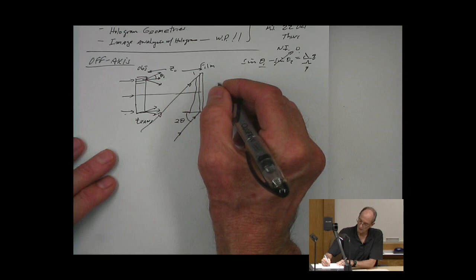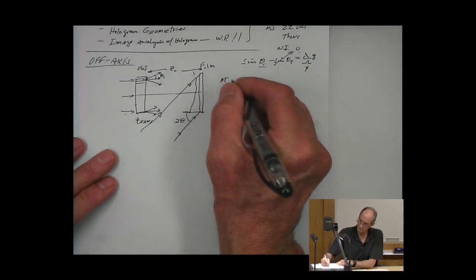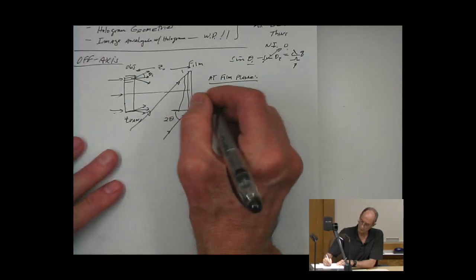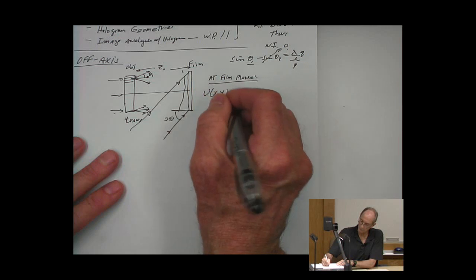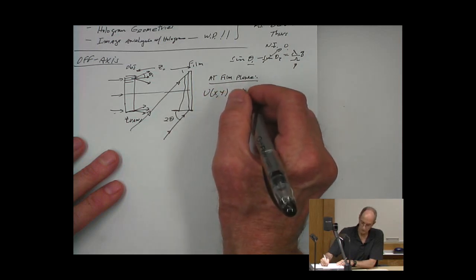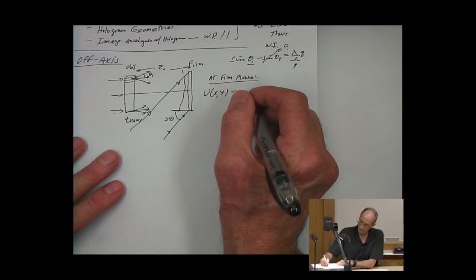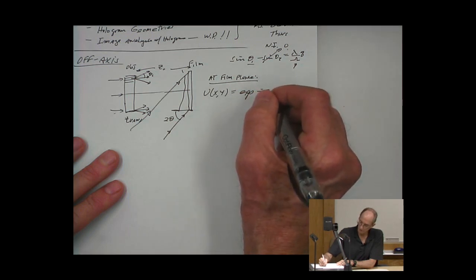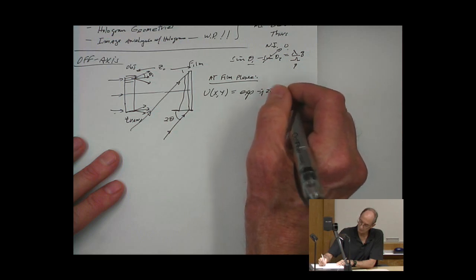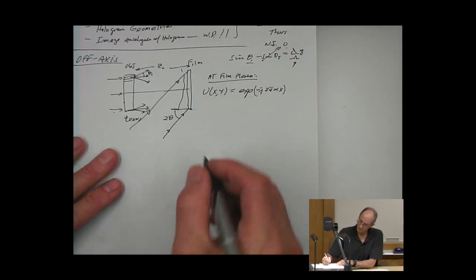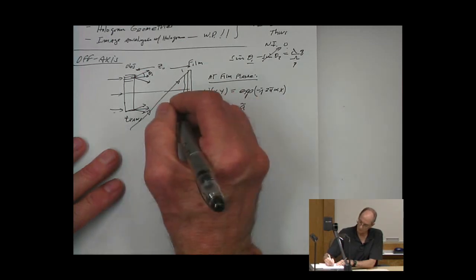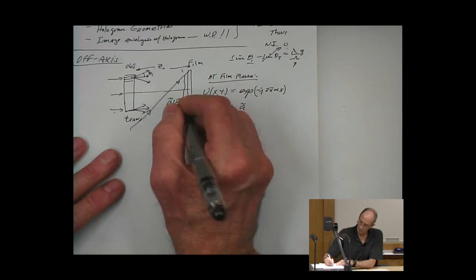At the film plane, with coordinates x, y, u is equal to the reference beam, with unit amplitude, exponential of minus j 2 pi alpha x, plus the object wave, which we'll call a of x, y.